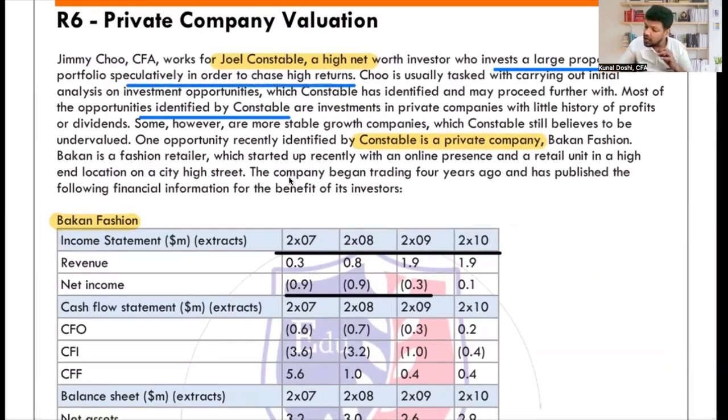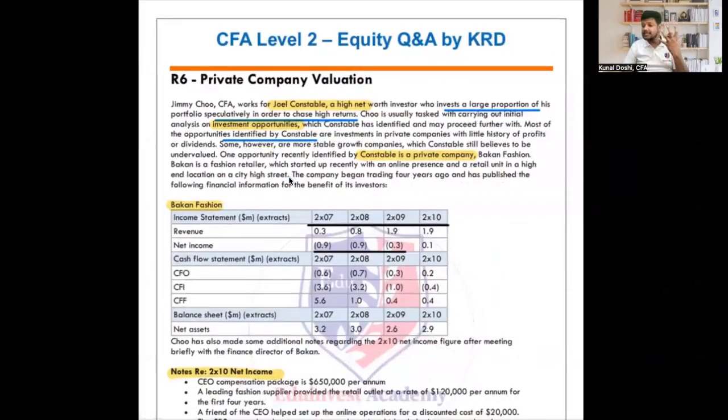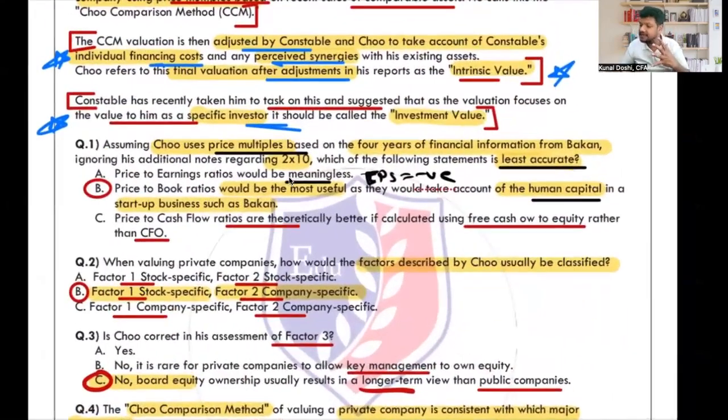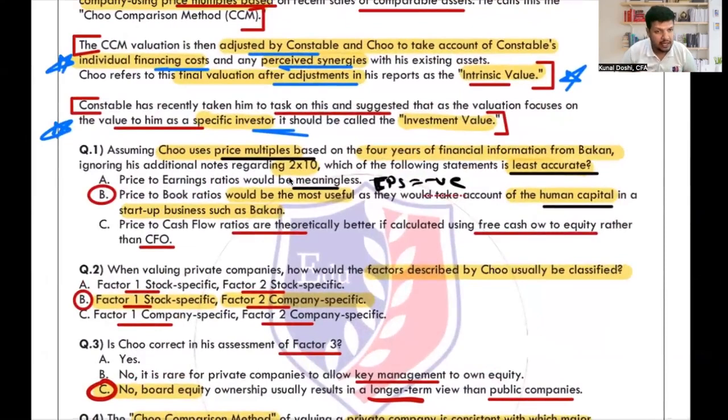So since he's going to invest, calling it investment value or intrinsic value, what is the difference in both? Investment value or intrinsic value, everyone.